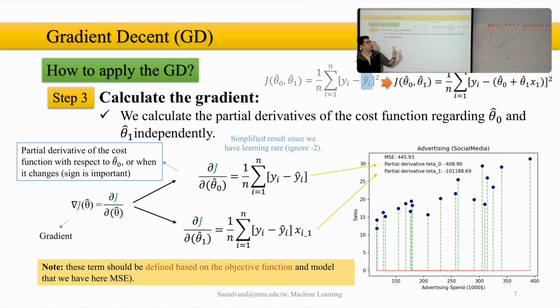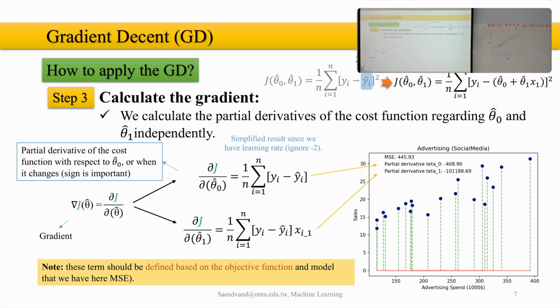We have two variables here, theta hat 0 and theta hat 1, that we want to find. So what we should do is write the gradient of the loss function according to theta hat. So I want to find the slope of change, actually.